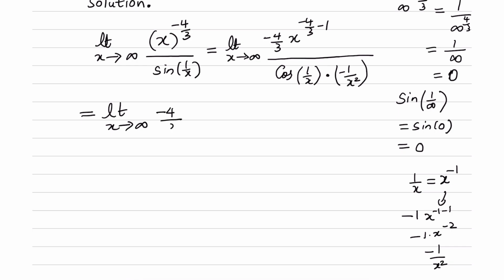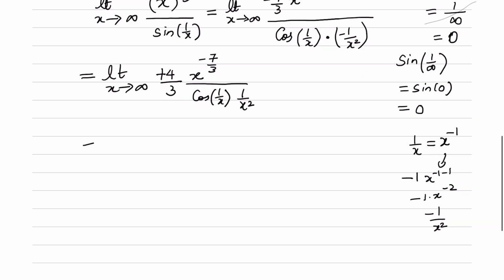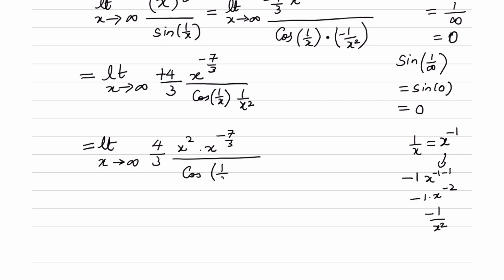Minus 4 by 3 x to the power minus 7 by 3, by taking the LCM, divided by cos 1 over x, and this minus sign here makes this sign positive, so we have 1 over x square here. Let's continue to simplify. This x square comes up, and here you have x to the power minus 7 by 3 whole divided by cos 1 over x.